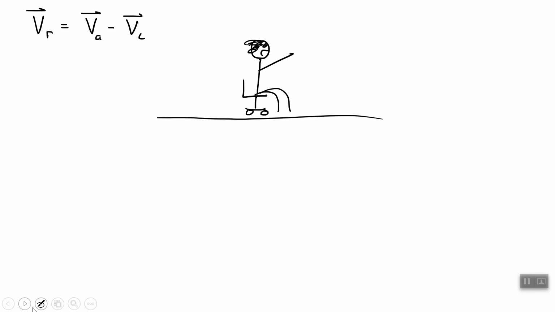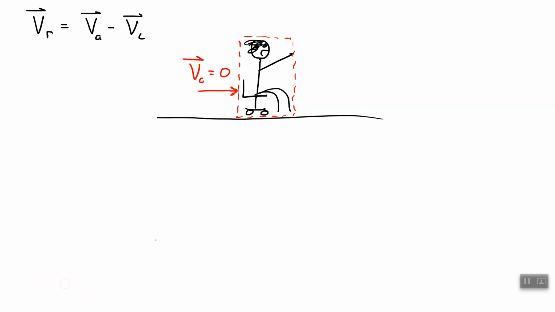Okay, so we'll do this in red. The velocity of the chair, aka the control volume, so the control volume is me in the chair, is equal to 0. The chair and the control volume are not moving.